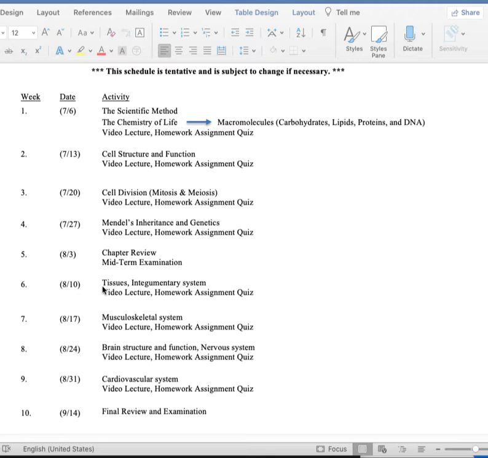After the midterm, you will have more of an anatomy and physiology aspect: tissue, organ systems, integumentary (skin) system, muscular system, skeletal system, nervous system, cardiovascular system. I'm not sure how much I can cover about the physiological and anatomical aspects of the human body.